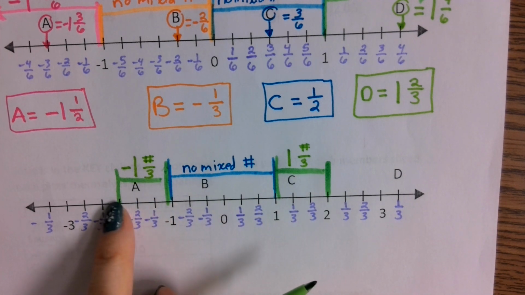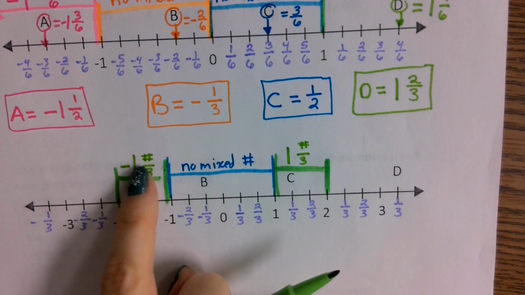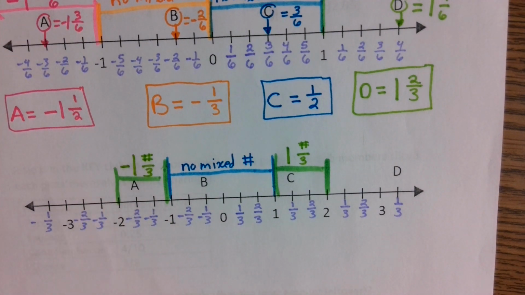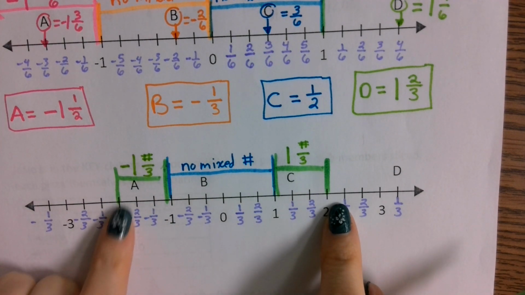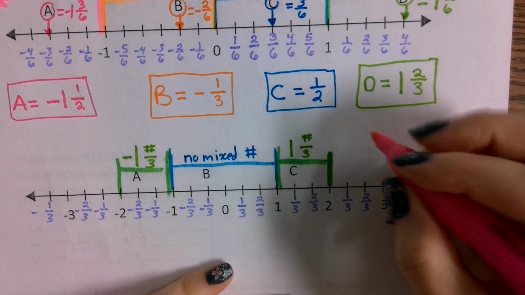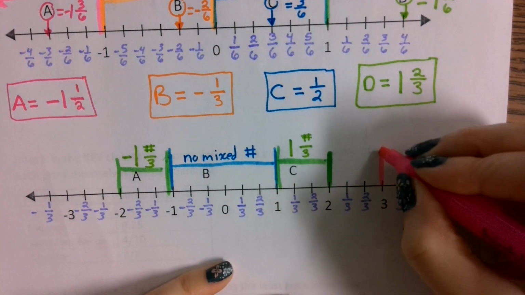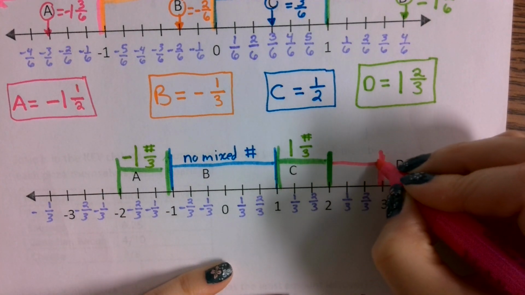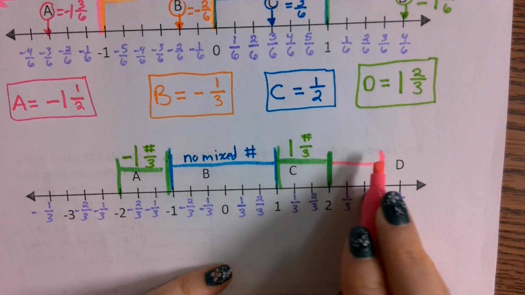So that means anything beyond the negative 1 is going to have a whole number of negative 1 until you get to that negative 2 or positive 2 mark. Once we get to that mark, what's the whole number going to become now? What's the whole number going to be for this portion, guys?